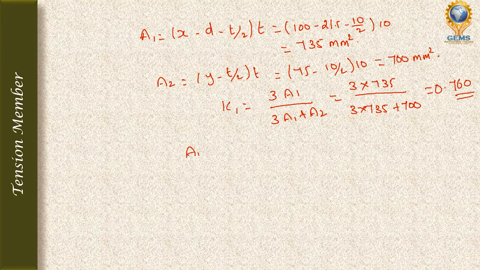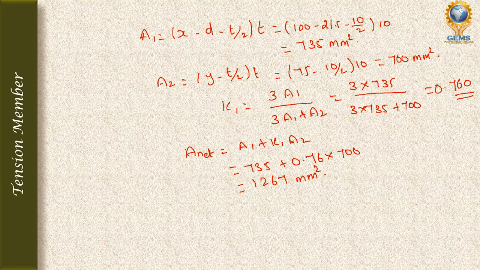Then we need the net area, A1 plus K1 A2, that is 735 plus 0.76 into 700. It will come to 1627 mm square. So we know the A net now.